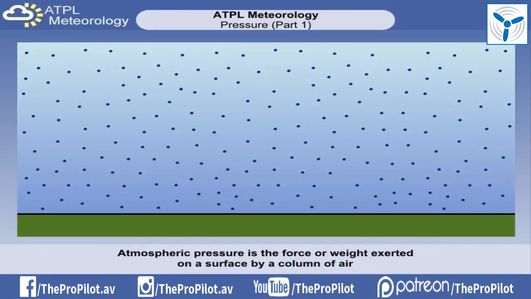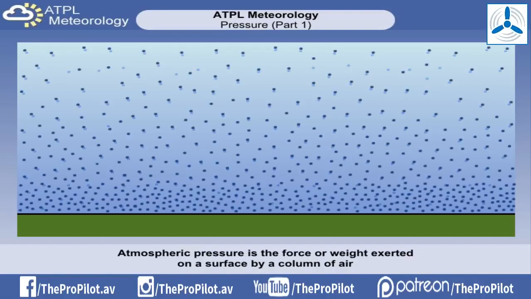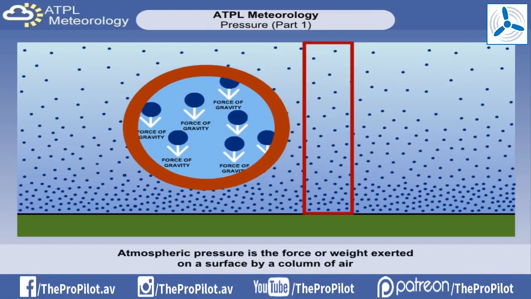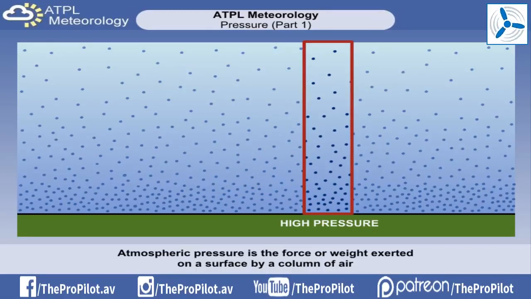What is atmospheric pressure? The air in the atmosphere is made up of particles, and as a result, these will be subject to gravity that will tend to pull the particles downwards. Therefore, any area on the Earth's surface will have to support the weight of the column of air directly above it. This weight is otherwise known as atmospheric pressure.